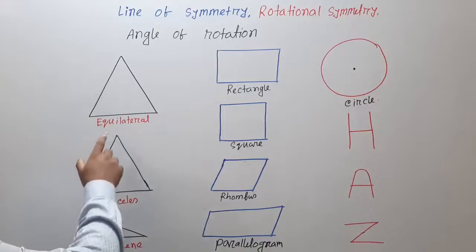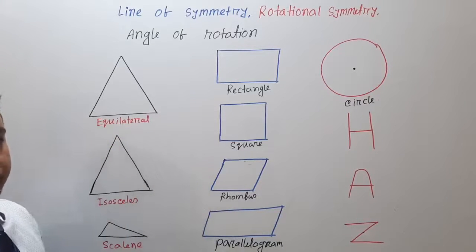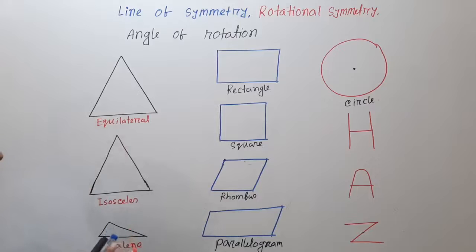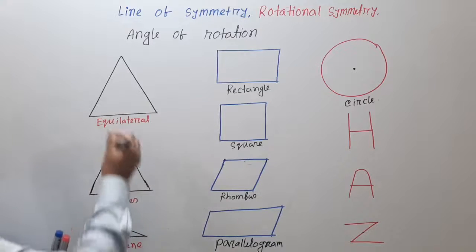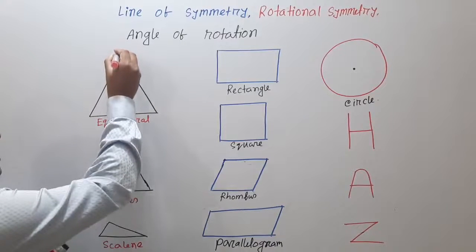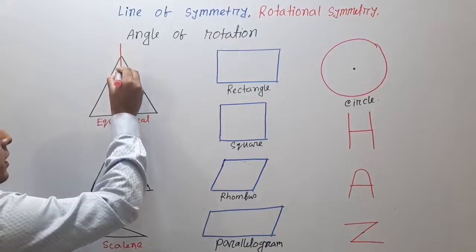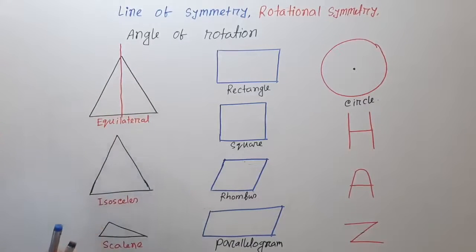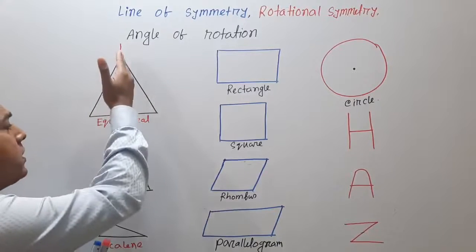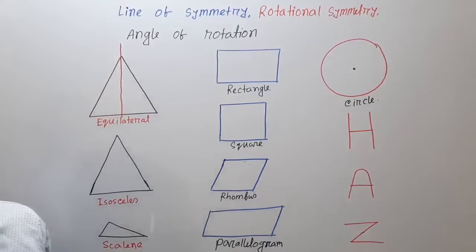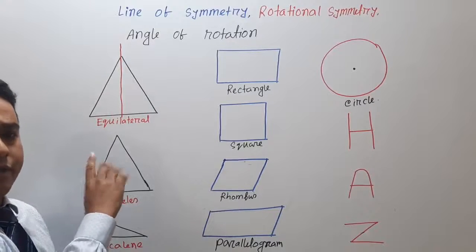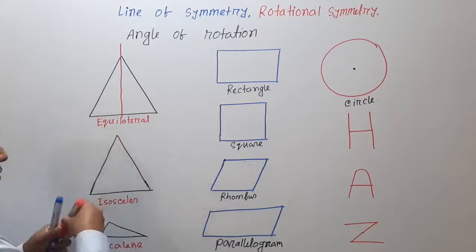Okay, take this equilateral triangle. If you divide this shape according to this line, one half exactly overlaps the other half, so it has a line of symmetry. So one line of symmetry is already defined.